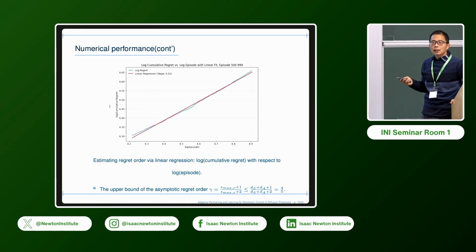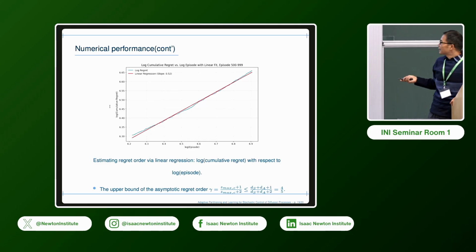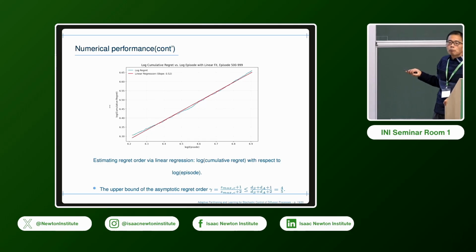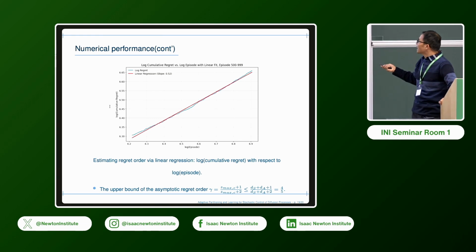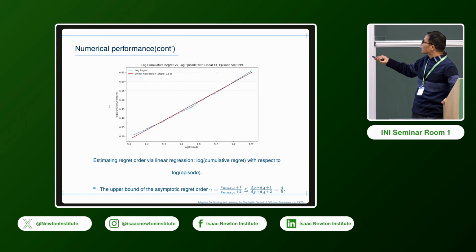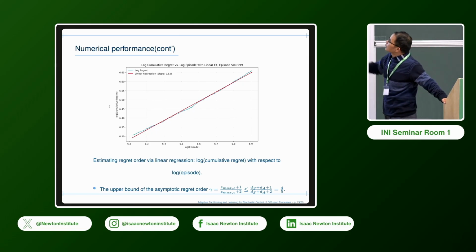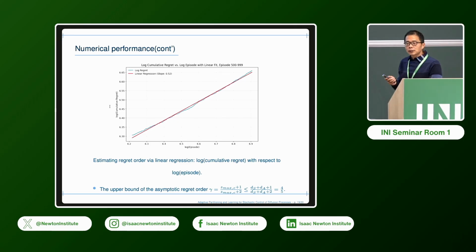I mentioned this zooming dimension is less than ds plus dA, and now we get the sense of how much smaller it is. If we use ds plus dA to determine the asymptotic order, it should be 0.8. Now we get 0.52. It's a big difference. It's not just a difference of 0.2 something, because this is the difference in order.